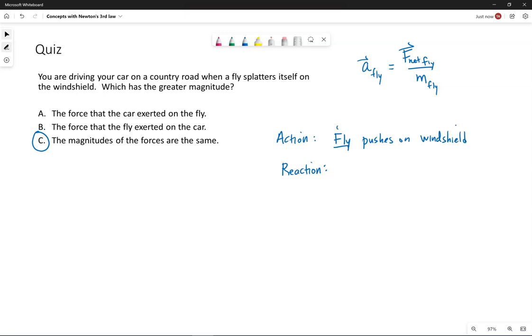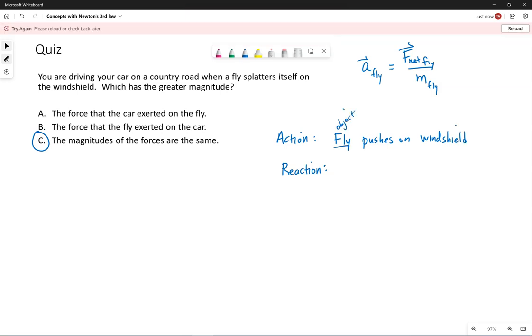The fly in this case is the object. The windshield is the acting agent. Newton's third law tells us that these two objects are involved in the reaction. In the reaction, the windshield becomes the object.